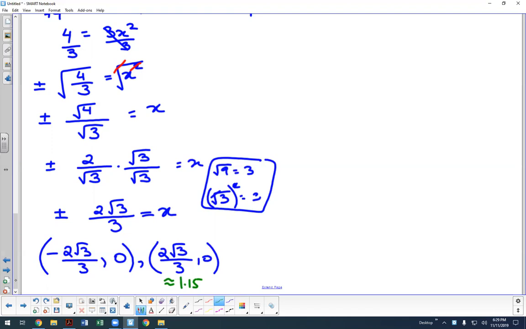And the reason we need decimal approximations is so that we can roughly put them on our graph. And for the negative, well, it should just be negative 1.15. So those decimal approximations are just there to help us graph. As far as the x-intercepts go, it's going to be the exact answers, okay?